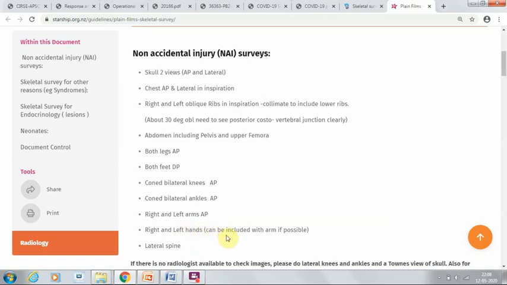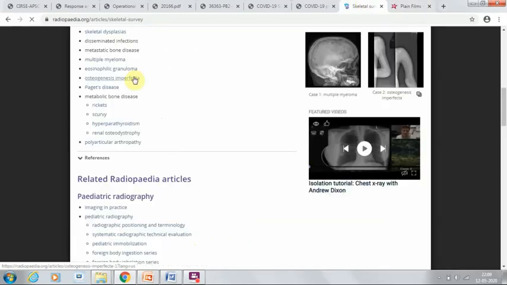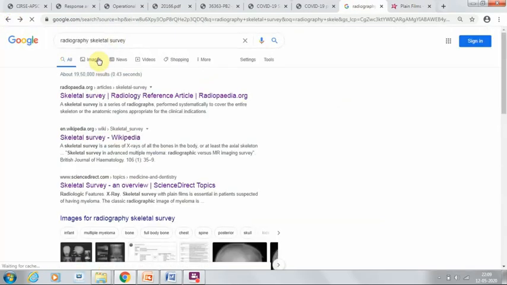Wrist, especially, is very important. Hand and wrist are very important in radiography. Then spine. All these radiographs will be taken to identify the different types of reasons that might be responsible.